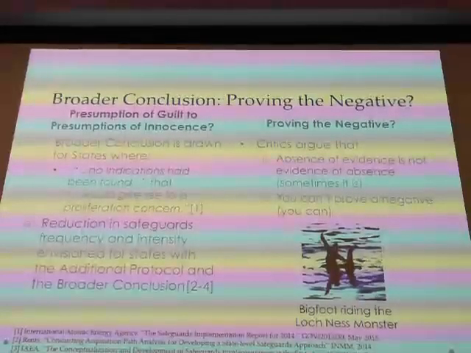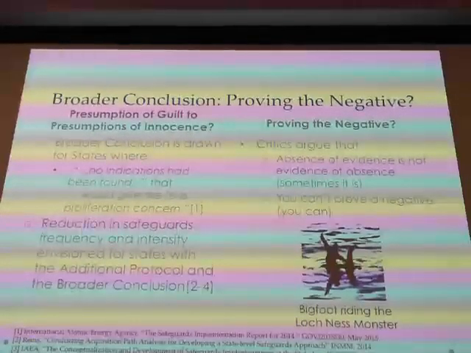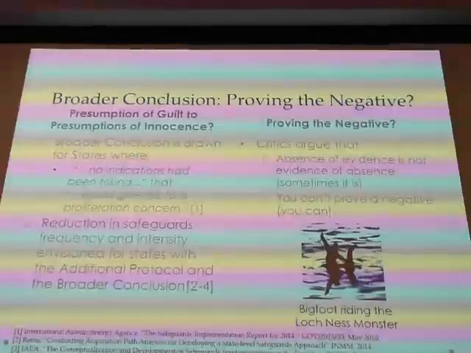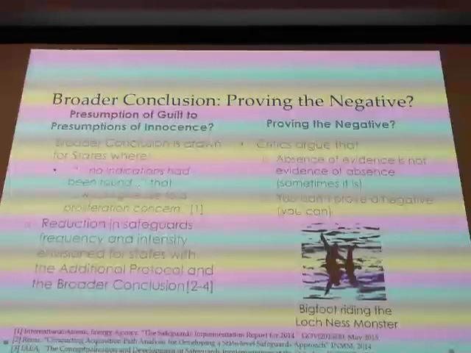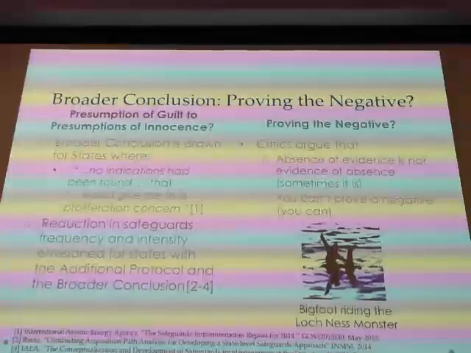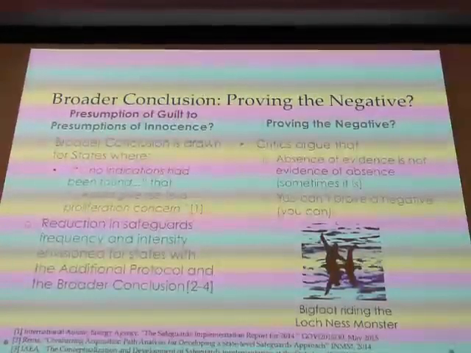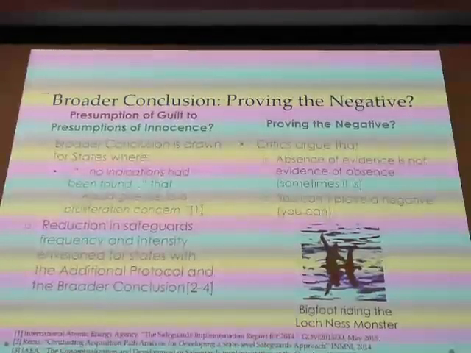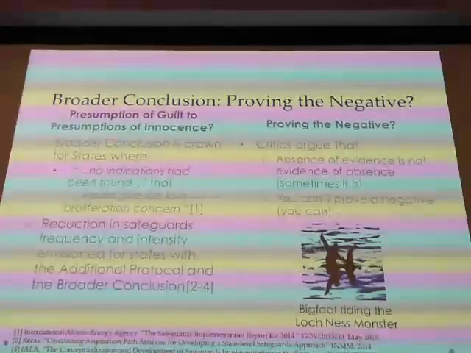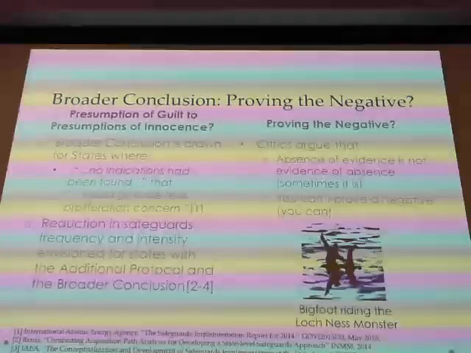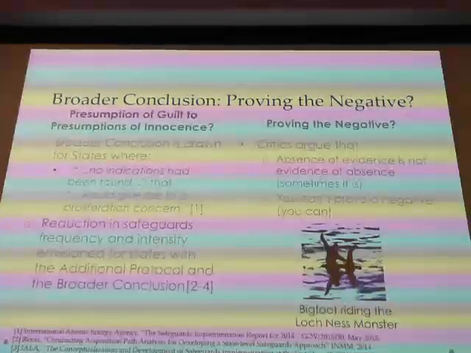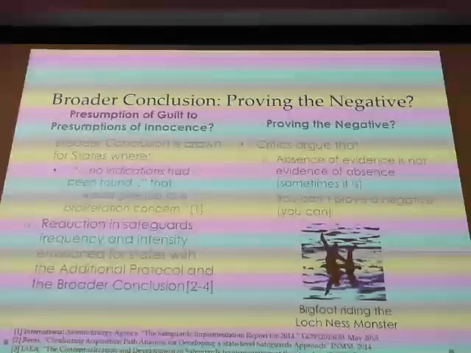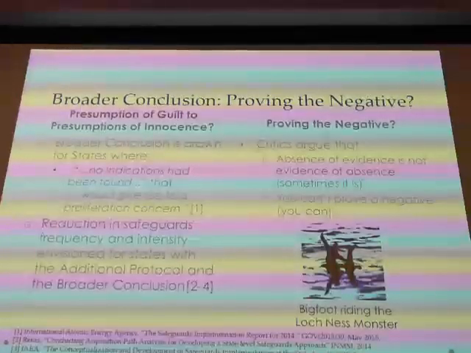It has shifted the question from a system where guilt was presumed on the part of the state to one where you now presume the innocence of a state. So basically, under the old safeguards regime, you assumed that a clandestine activity was occurring in that state when you determined your timeliness requirements for declared activities.